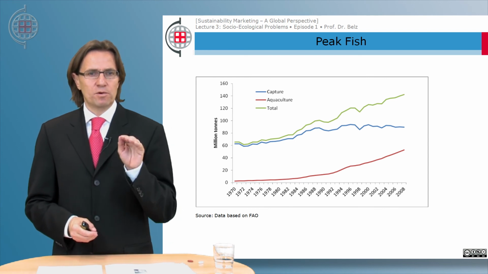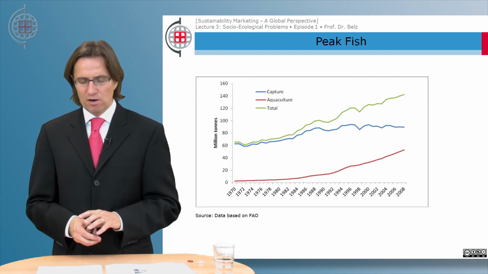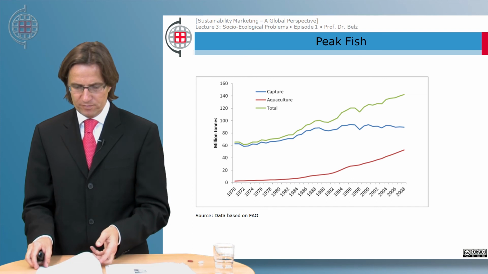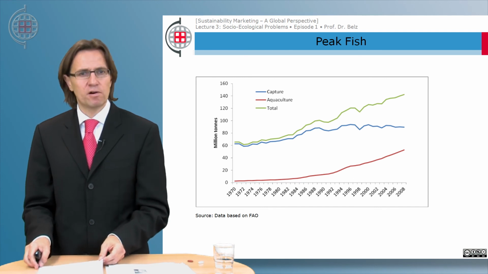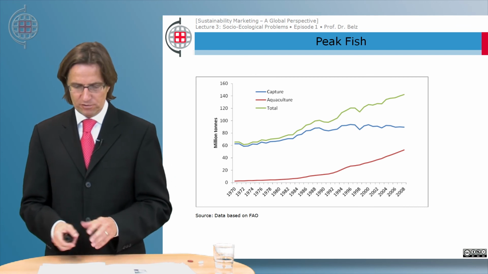Nevertheless, when we talk about captured fish, we cannot take any more fish out of the oceans, and we have to think about sustainable ways of using this resource.